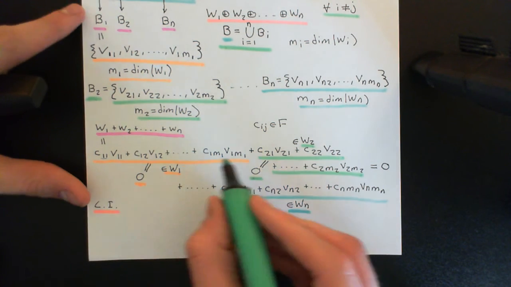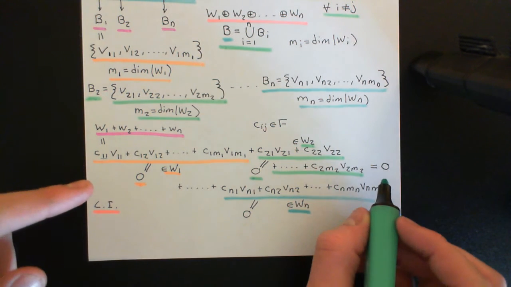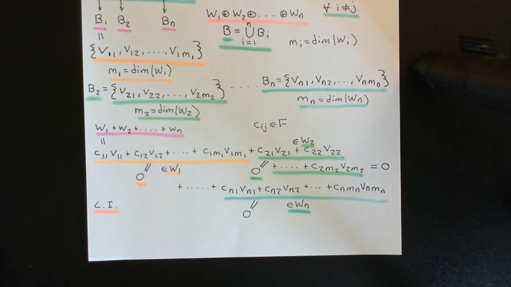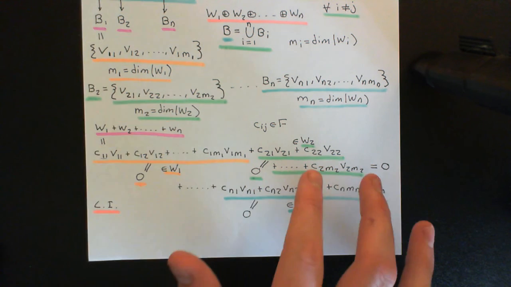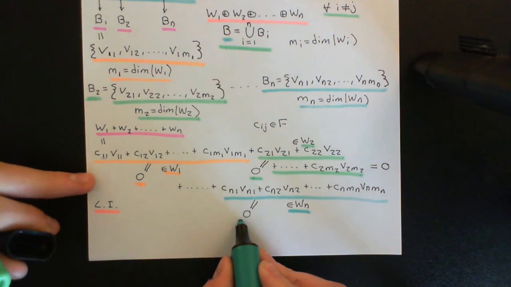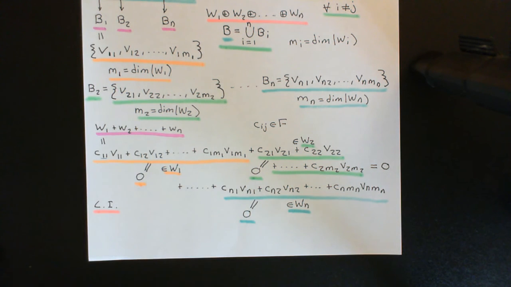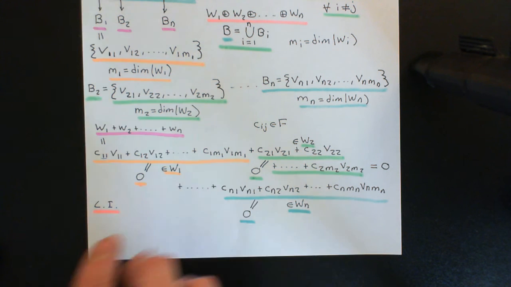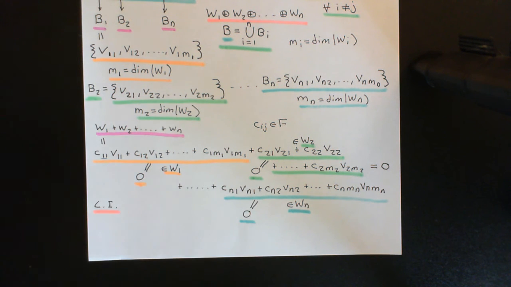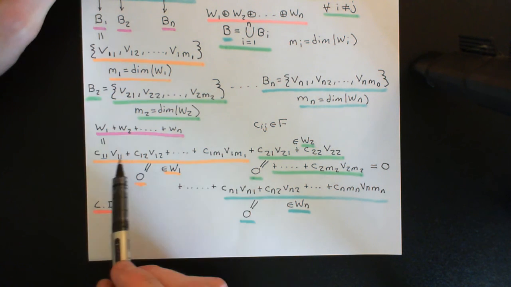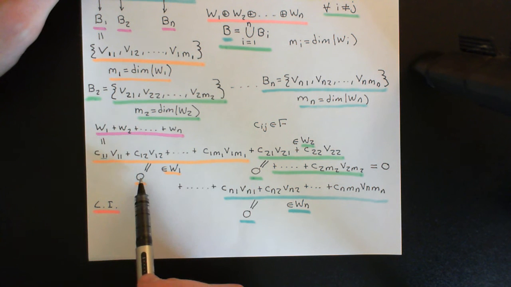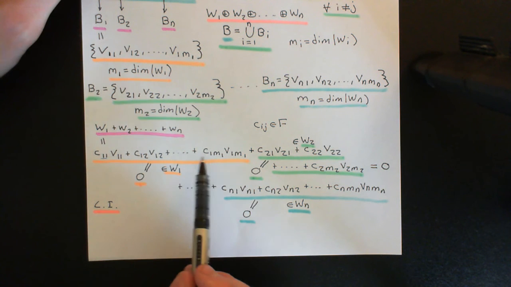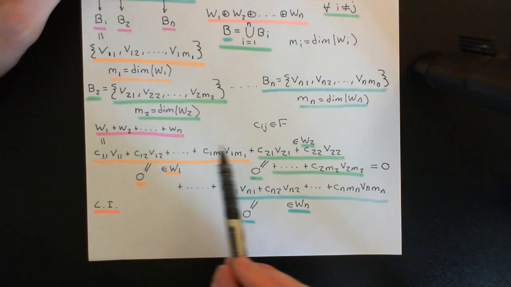So I'm now saying that if I have something that's going to equal the zero vector here, all of these different bits, this orange bit, this green bit, and this turquoise bit, they must all equal the zero vector. But that's now a problem, because we know that those basis vectors in the subspaces are linearly independent, which means that the only linear combination which can actually give the zero vector is the trivial one, where all of the coefficients are zero, and that's true for each of these.